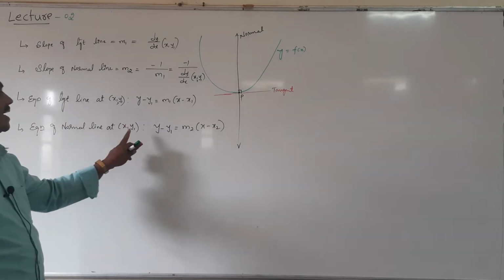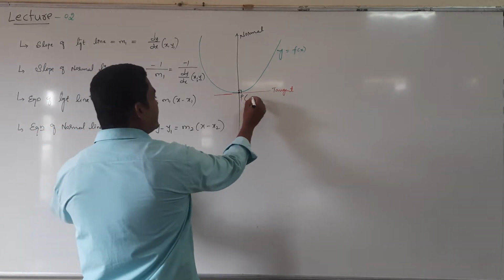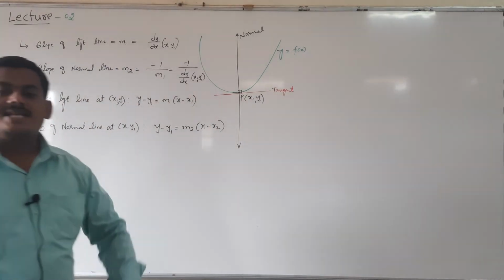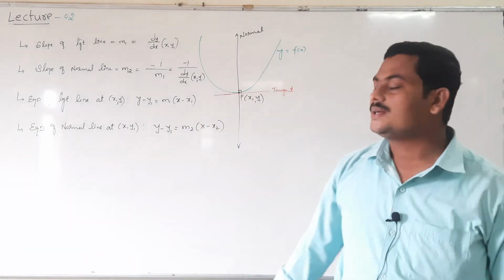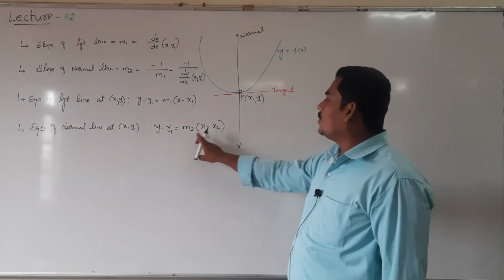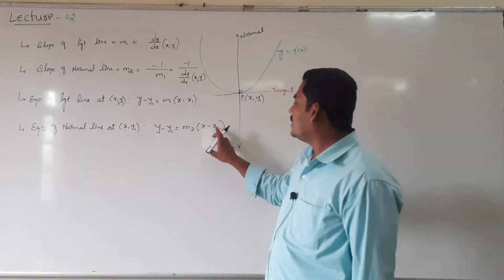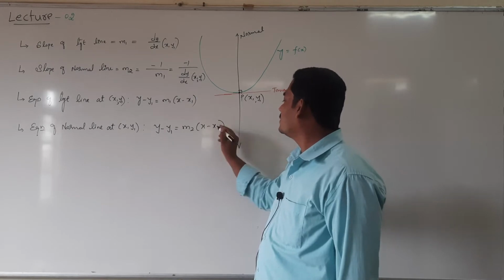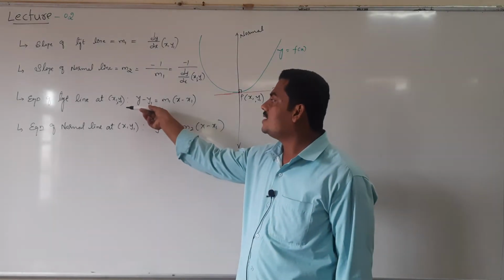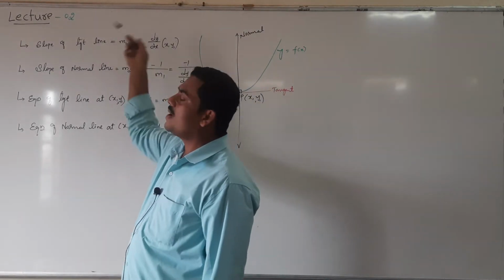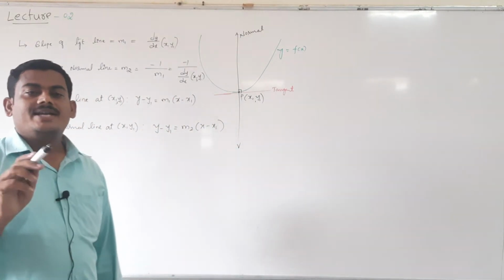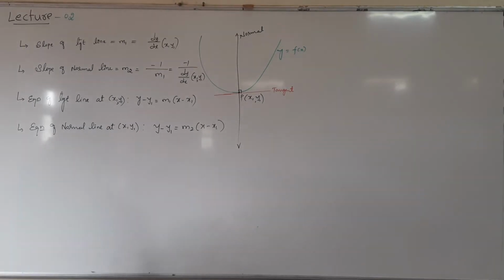Suppose this point is x1 comma y1, then the equation of tangent to the curve and the equation of the normal to the curve. Equation of normal, equation of tangent, slope of normal, slope of tangent. Already you know slope of tangent line is nothing but dy by dx at a given point, right.